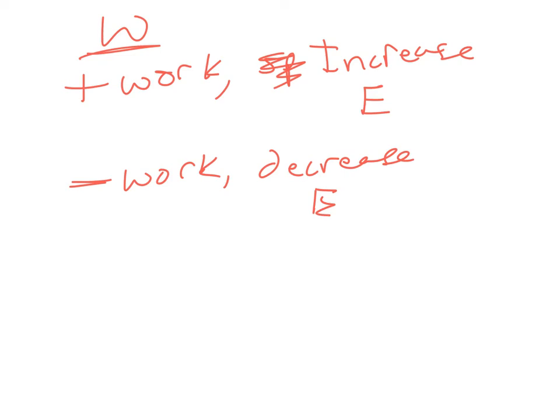So this kind of goes into that angle, in that cosine of the angle. If that angle is less than 90, then you'll have positive work. The closer it gets to 90, the less work is actually being done.